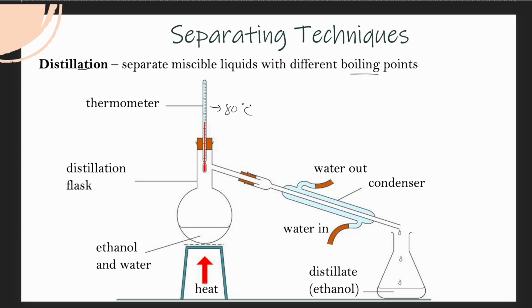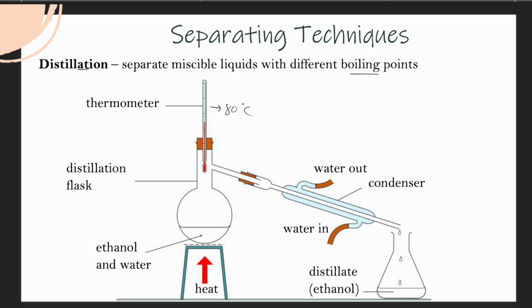So just make sure that the temperature is only a little bit above the actual boiling point of the liquid that you want to separate. For example, ethanol has the boiling point 78 degrees Celsius, so you just make sure that it doesn't go more than 80 degrees Celsius. That's why we put a thermometer here.